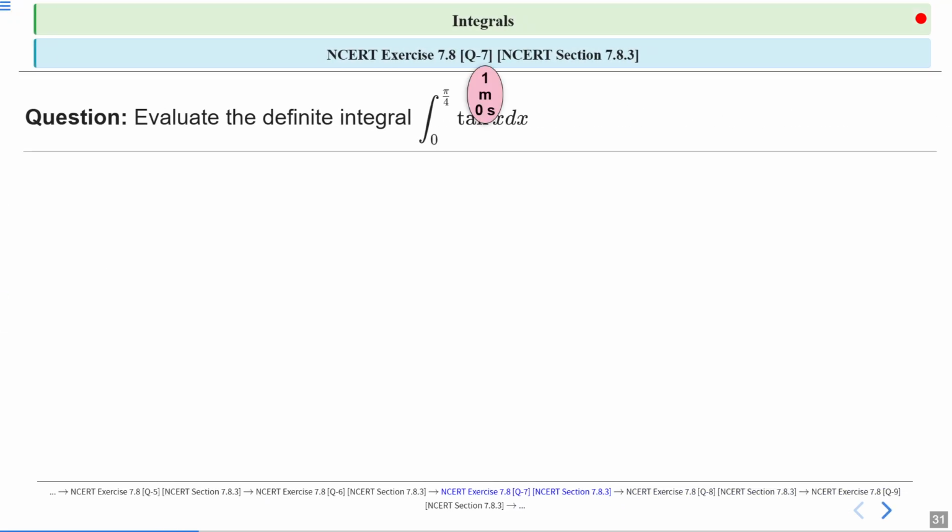Next question is, evaluate the definite integral from 0 to π/4 of tan x dx. So I will give you some time. Try this question.